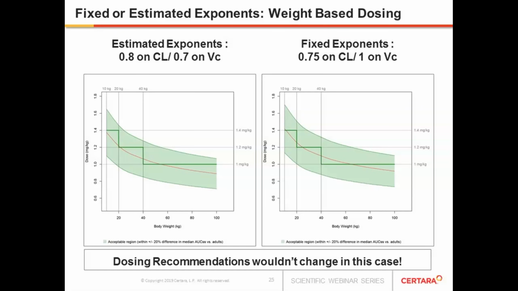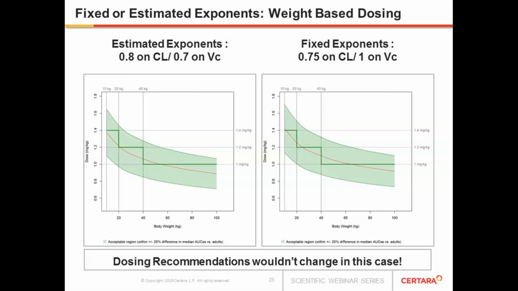When the final model was run with those fixed, we took the final model and ran it with a fixed exponent of 0.75 for clearance and 1 for volume of distribution, and we looked at the recommended doses.